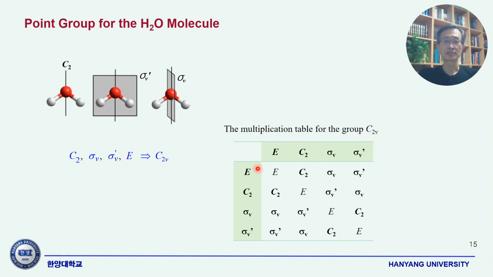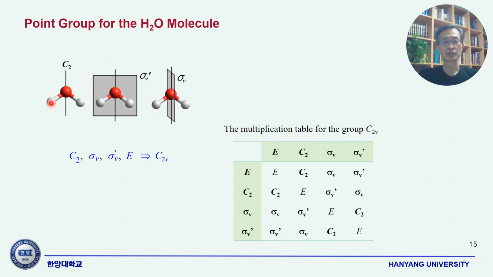So E twice is the same as E. For example, we just did C2 and C2, which is E. Okay, if you do C2, this goes to that, and then sigma V, this goes to there. So let's follow this laser pointer.